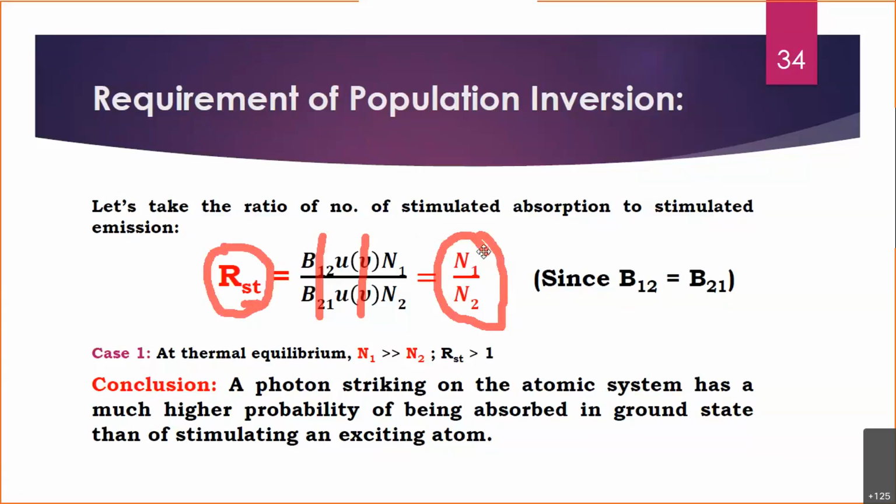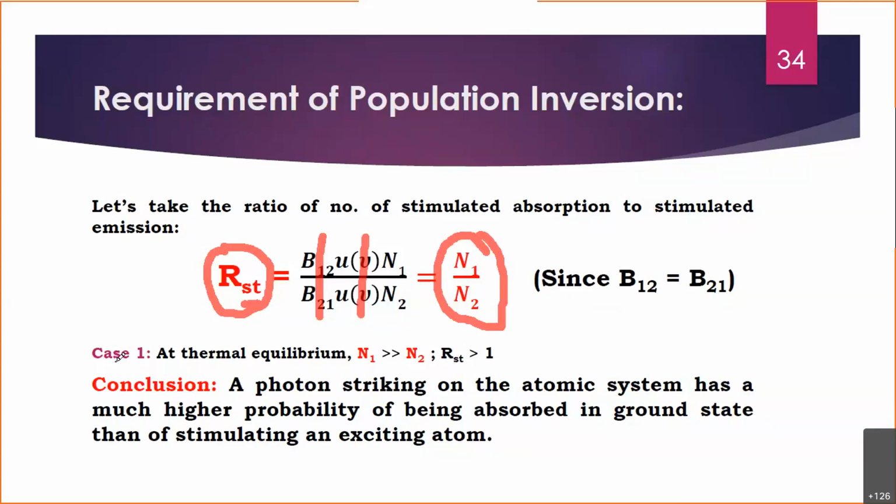Now if you look at this formula, which is equivalent to N1 by N2, you can consider both cases. On the right hand side only two quantities are there, N1 and N2. So either N1 will be larger or N2 will be larger.